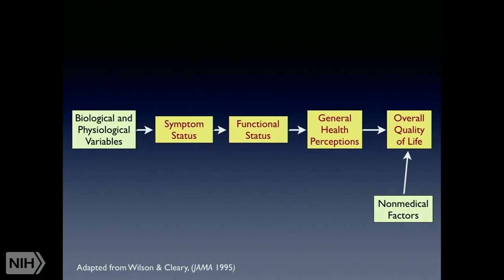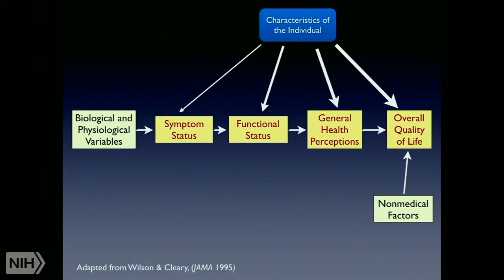Let's talk a little bit more about these. One of the things we know is that any of these things, symptom status, the functional status, my overall health perceptions, any of those things could be influenced by other characteristics about the person. So it's not just what's happened to my body, it's not just the drug I've got or the disease I have, but there are individual characteristics.